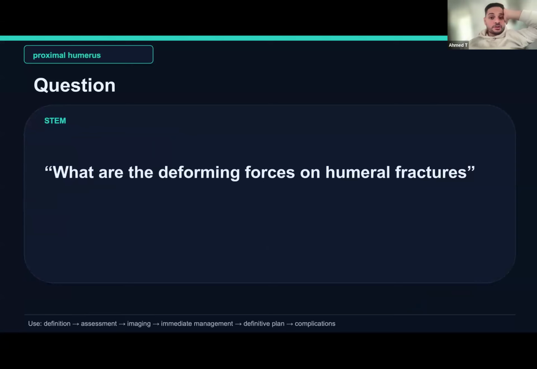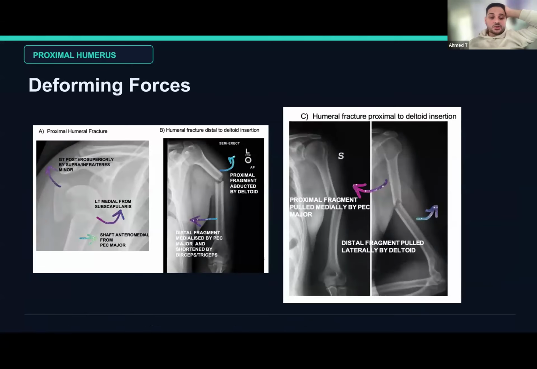All right, what are the deforming forces in the humeral fractures? It really depends on where the fracture is. In proximal humeral fractures, the greater tuberosity is pulled posterior-superiorly by the supraspinatus, and the lesser tuberosity is pulled medially by the pec major. The shaft is pulled medially by the pec major as well.